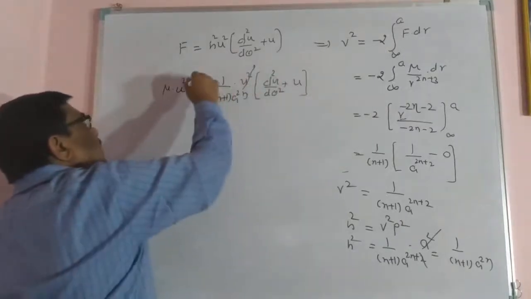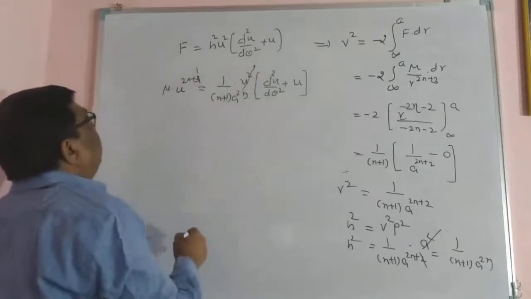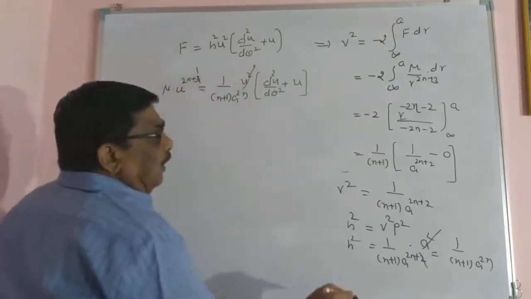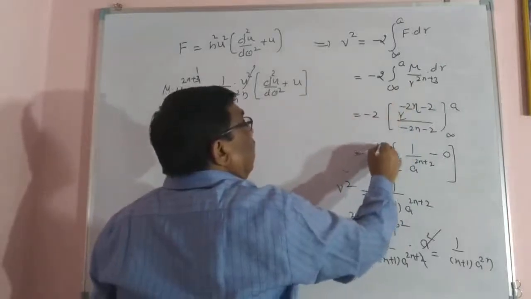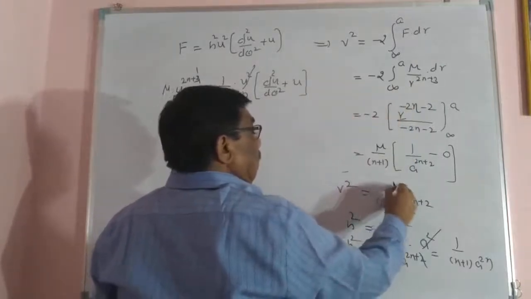One u square cancels, giving u raised to 2n plus 1. So here this f value, mu is taken out here. This is mu.